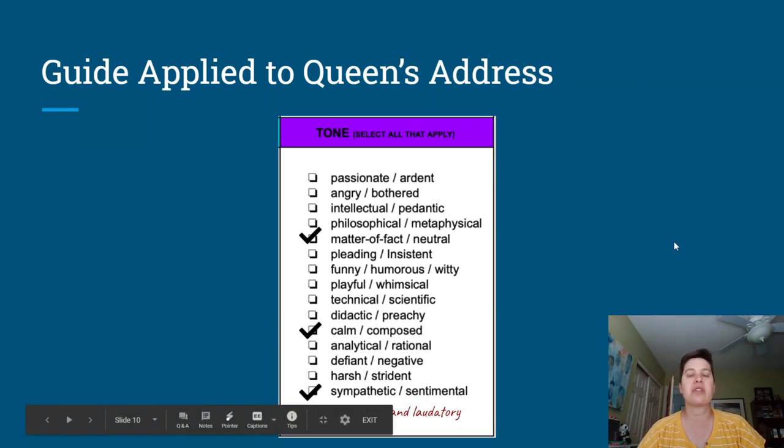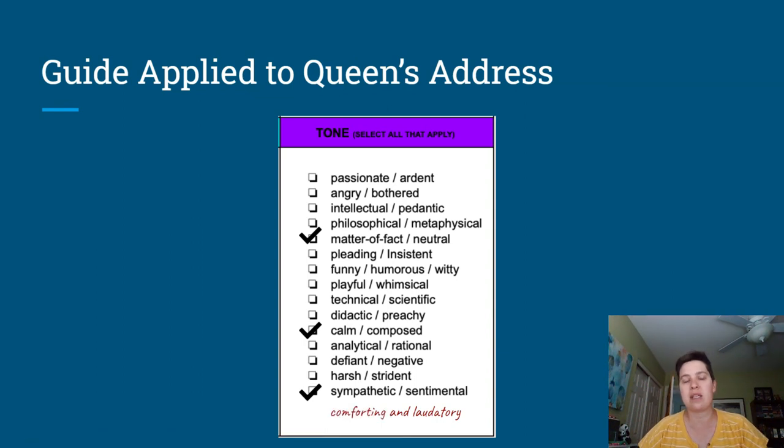So the tone that Queen Elizabeth uses in this speech, the one that really stood out to me was she is very calm and composed. She speaks very slowly. She enunciates her words clearly. We are able to follow what she says because she speaks at a very smooth, measured pace.